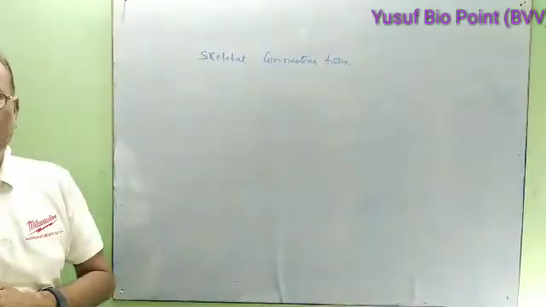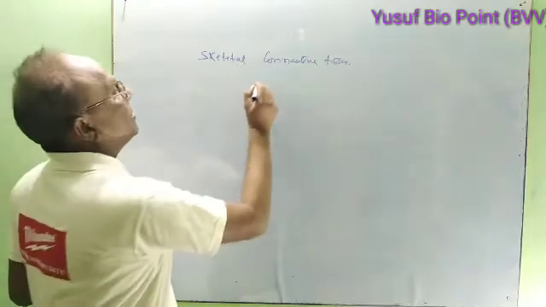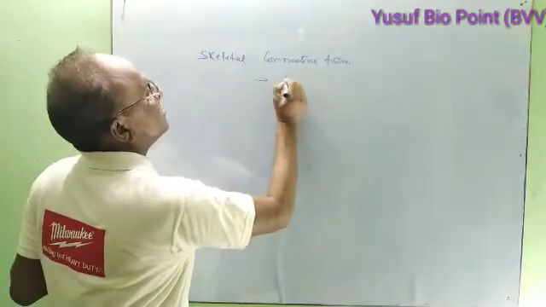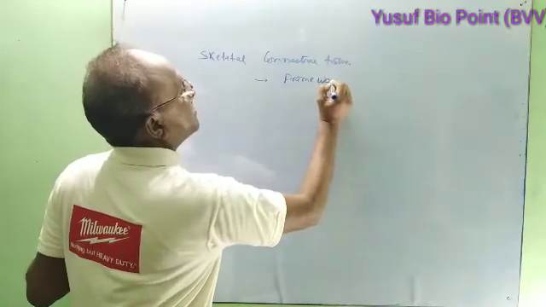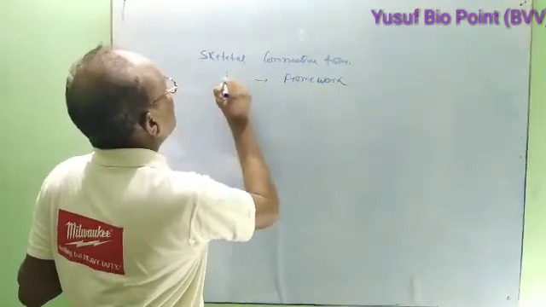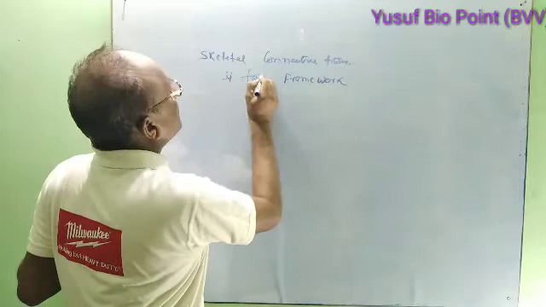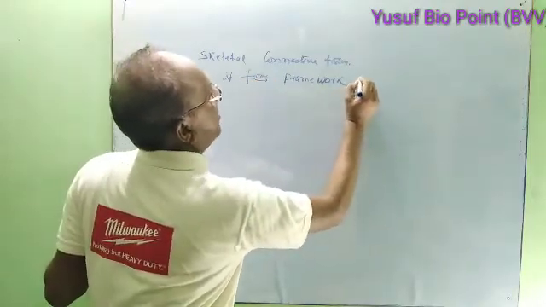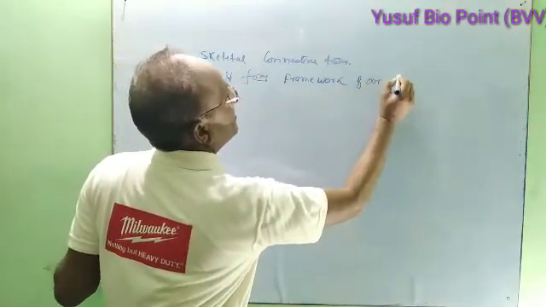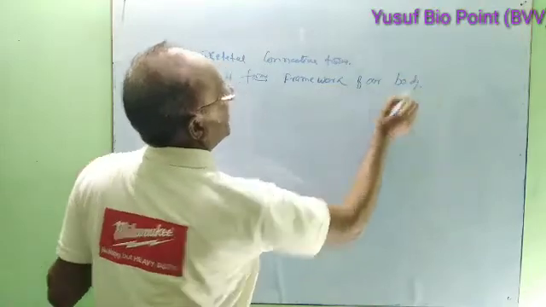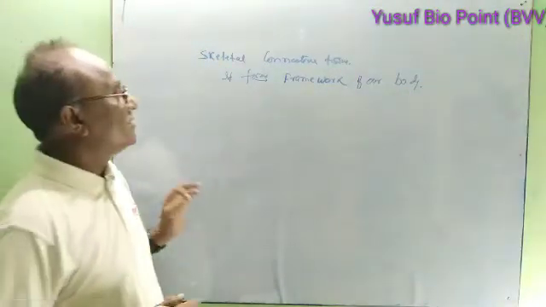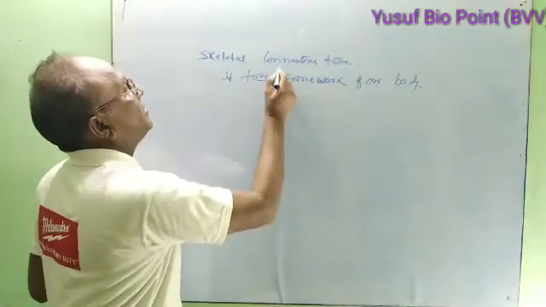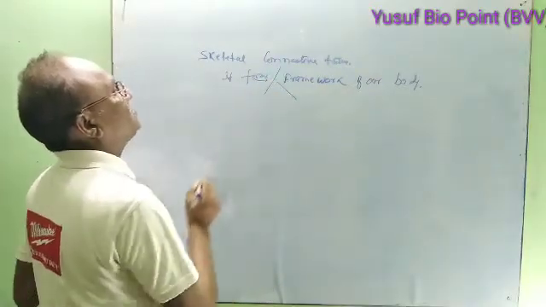It forms the framework of the body. ये हमारे बॉडी के ढांचा को बनाता है। दैट इज इट इज ऑफ टू टाइप्स। Skeletal connective tissue is of two types.